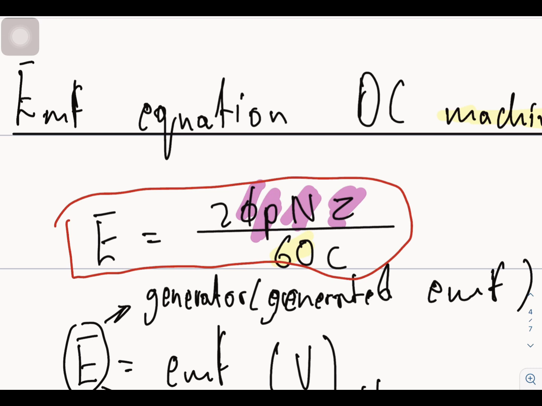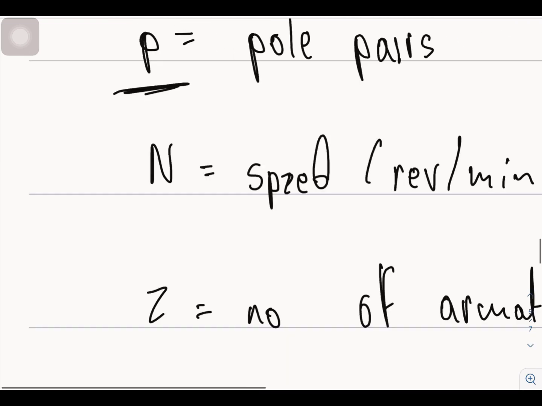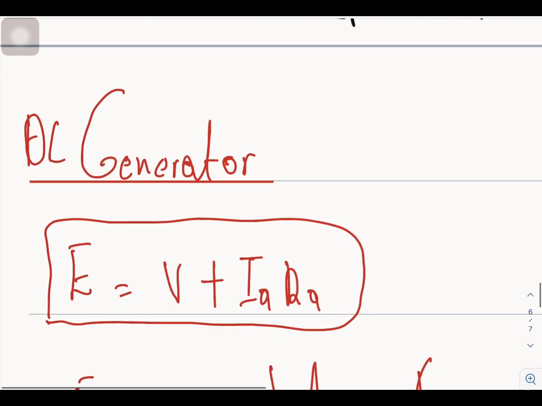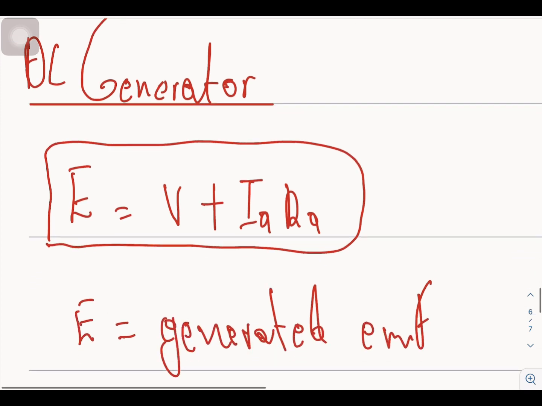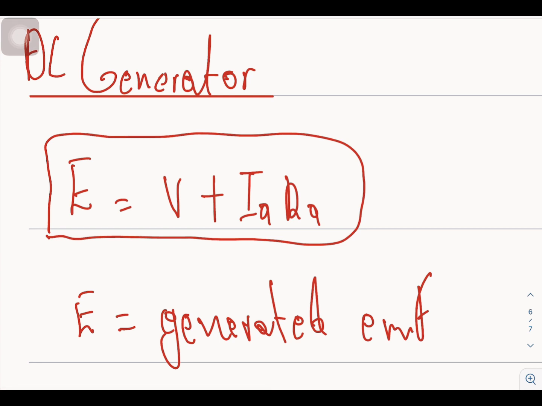Even the number of conductors and the type of connection are non-electrical values. This equation is derived based on the construction of the machine, hence it applies to both generator and motor. But the one that I've just written for you now deals only with electrical values, which are the voltage, the current, the resistance, the EMF.